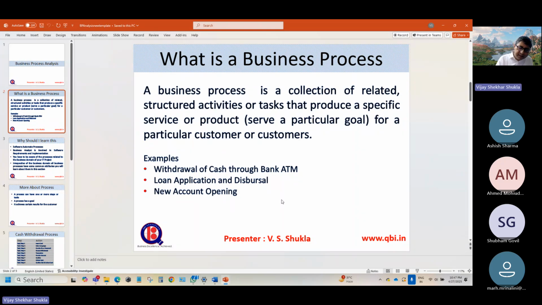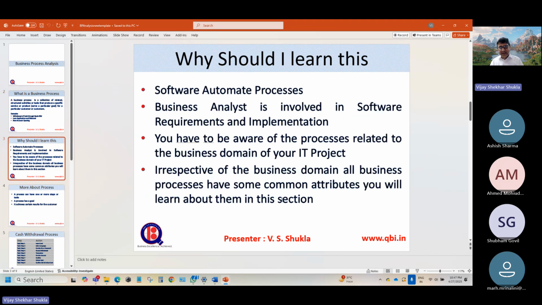So processes have steps. Processes have goals. Software automate processes. So for a business analyst, while you capture requirements, these requirements or these business goals will get translated into software processes.